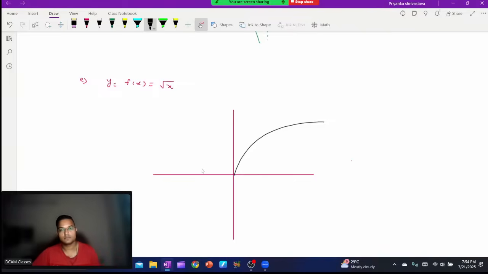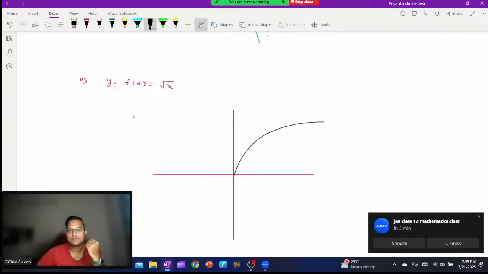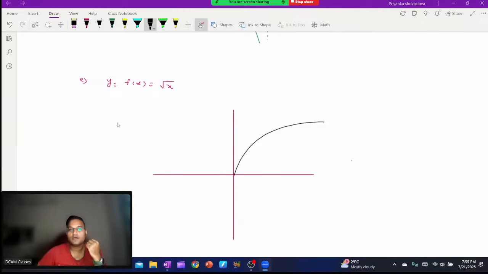Sir, what about the negative values? Negative values won't exist, because for x negative, the graph is not there. It will be imaginary. For x equal to -2, you won't get any value as y, because root -2 is i root 2.